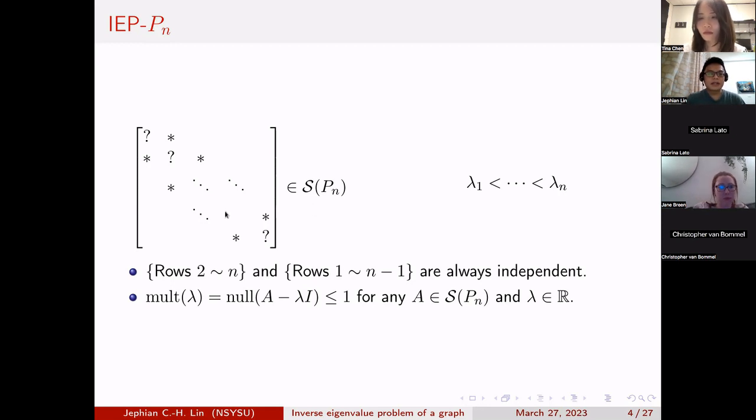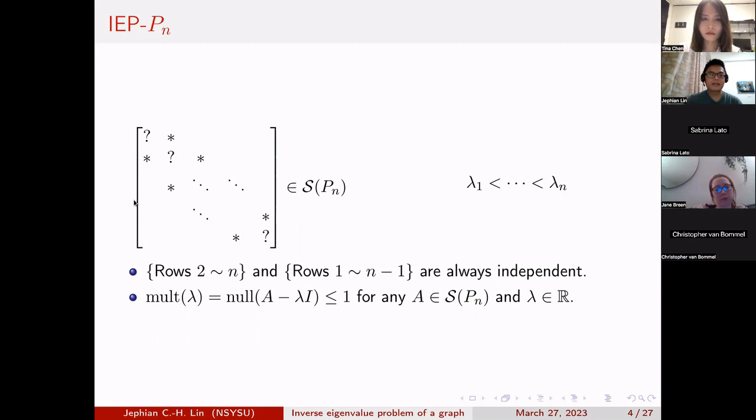So it turns out that it is quite restrictive. For example, if I just take out the last row, then I will realize that, starting from the first row, second row, up to the n-1 row, these things look like an echelon form.